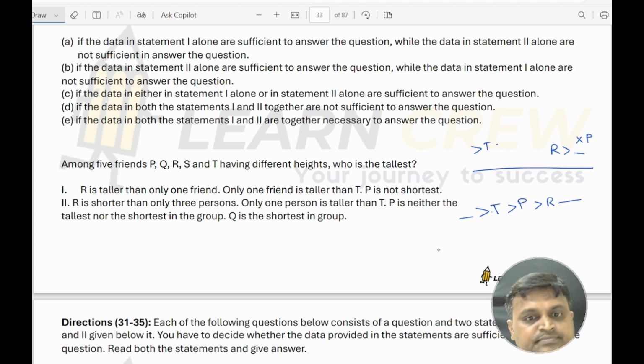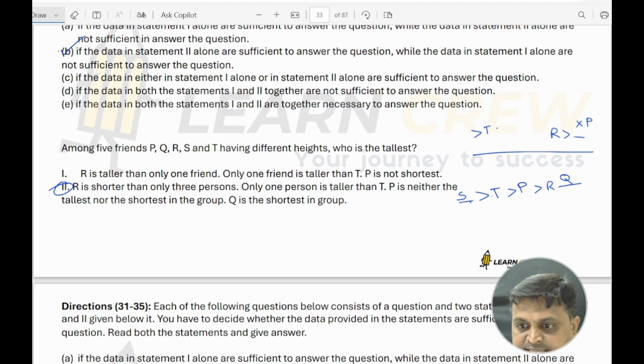So P is here. Q is the shortest of the group. So out of P, Q, S, T, the remaining person is S. So S is the tallest, you can say, by using only 2. So only 2 is sufficient. 1 is not sufficient. So the answer is only B. Next.